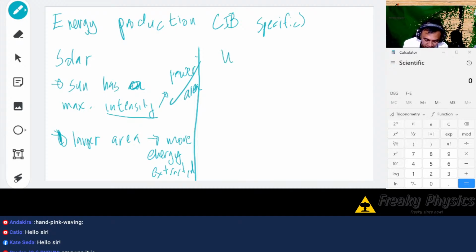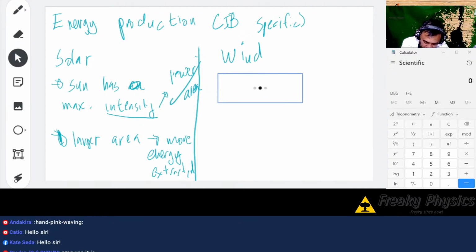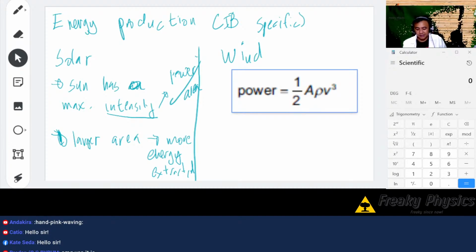The second one is wind. The one that's specific for wind energy in IB and for higher level physics or engineering is this formula. The power is 1/2 times the area.